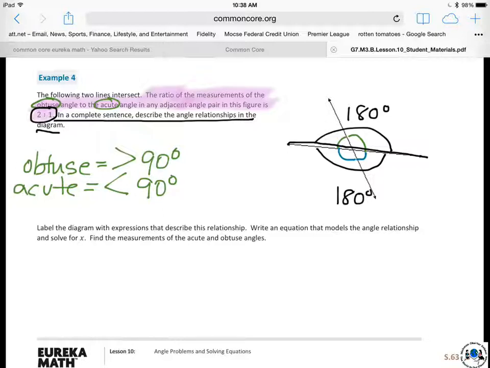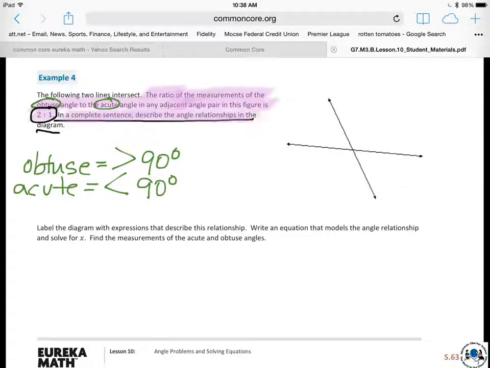The measurement of an obtuse angle, like we said, is twice the measurement of an acute angle in the diagram. So we could actually label this diagram. Oh, actually, that's the second part here. So let's go ahead and do that. I'm not sure exactly what complete sentence they wanted. I don't really know, but let's just do it here.